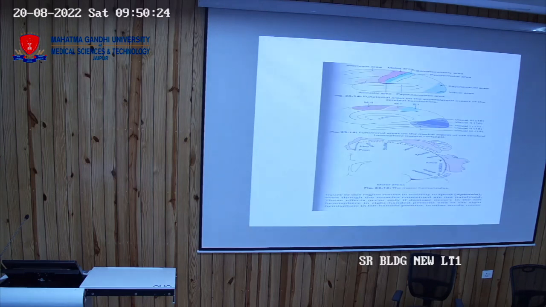Beside this, now this diagram is showing you, when we are talking about the functional areas, whether the motor area or the sensory area, the representation of the body is upside down. Look here, the foot is represented above, then comes the leg, then comes the thigh, and like this.